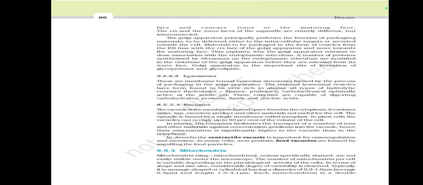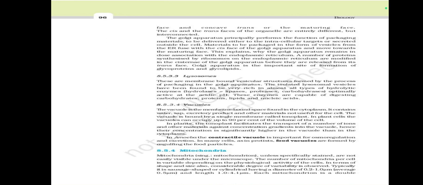Hence, their concentration is significantly higher in the vacuole than in the cytoplasm. In amoeba, the contractile vacuole is important for osmoregulation and excretion. In many cells, as in protists, food vacuoles are formed by engulfing the food particles.